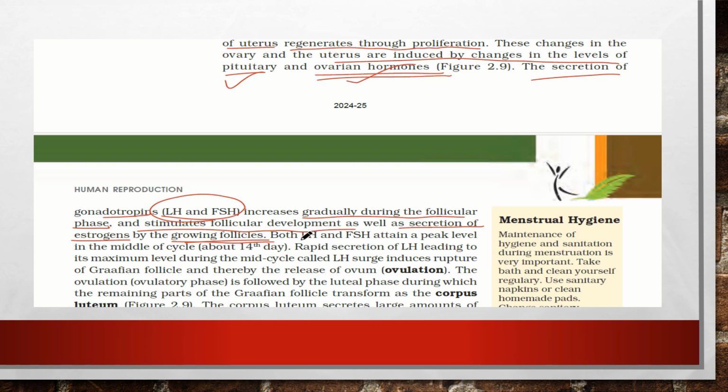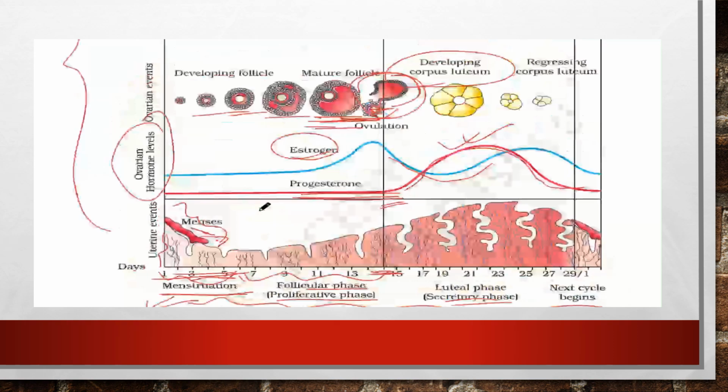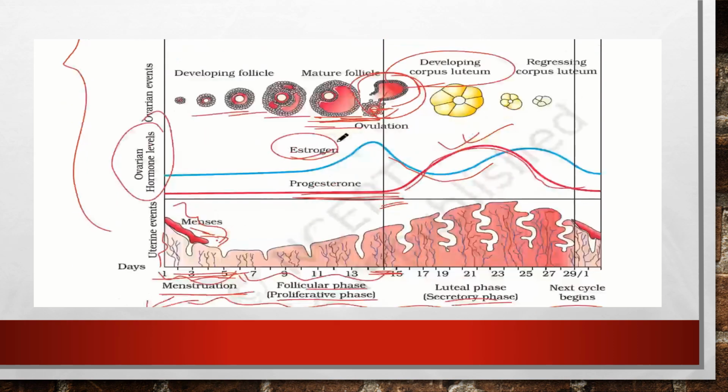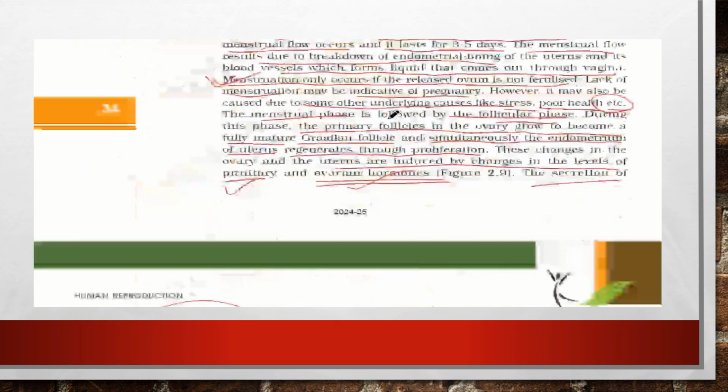Both the luteinizing hormone and follicle stimulating hormone attain their peak level in the middle of the cycle at about the 14th day. Here we can see in this diagram at the 14th day, LH and FSH, the gonadotropic hormones, are at their peak level. As they are at their peak level, the hormone estrogen is also at its peak level.